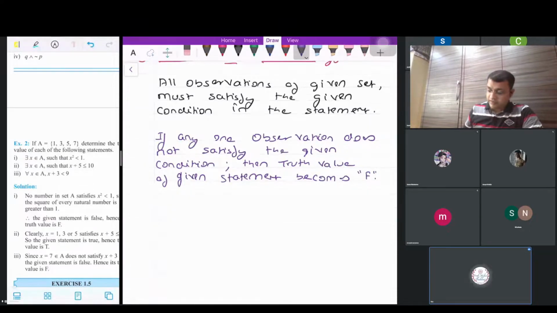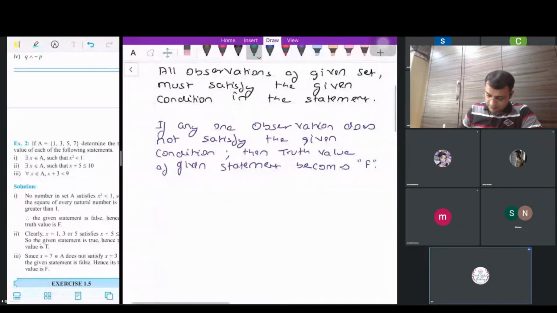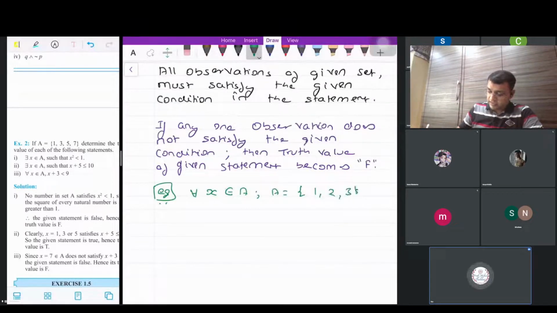Okay, now let me take a small example so that you get a better idea of it. Suppose I have something like this: for all x belonging to A, where A has the values 1, 2 and 3, and I am told that x plus 5 is lesser than 10.